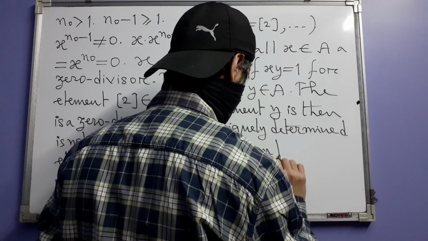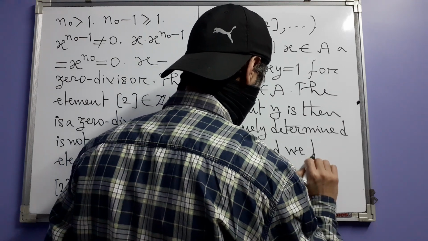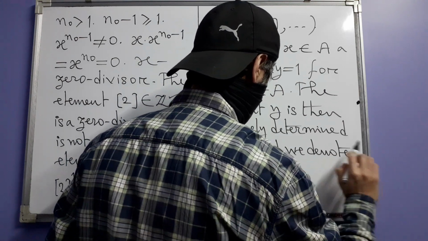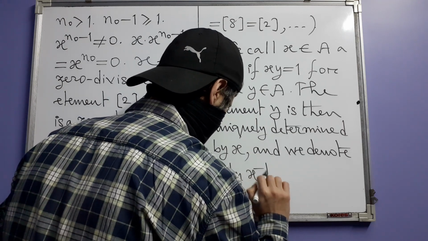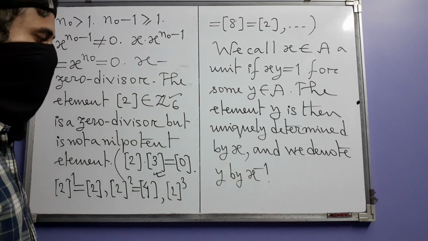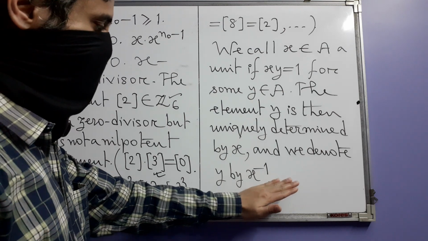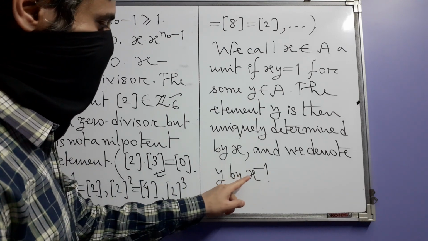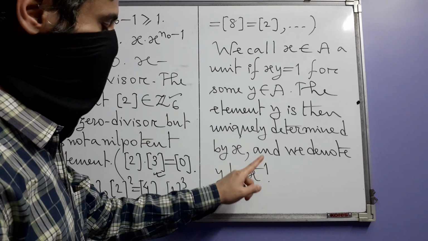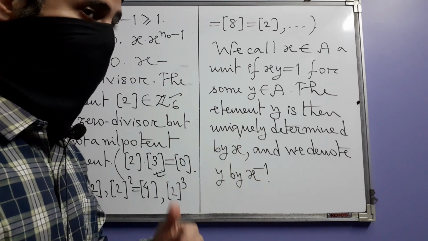And we denote y by the usual notation x inverse. Minus x denotes the additive inverse of x. X inverse indicates the multiplicative inverse of x if it exists.